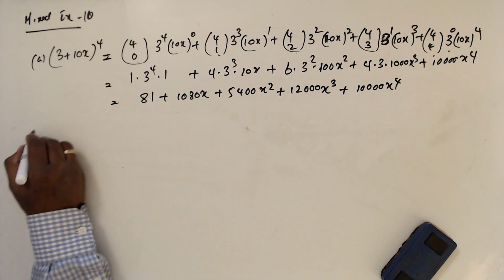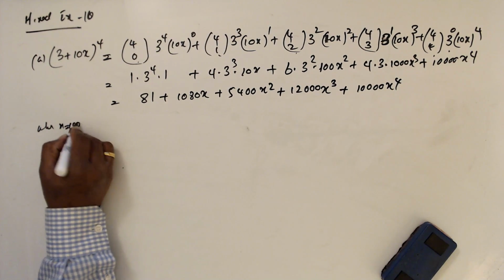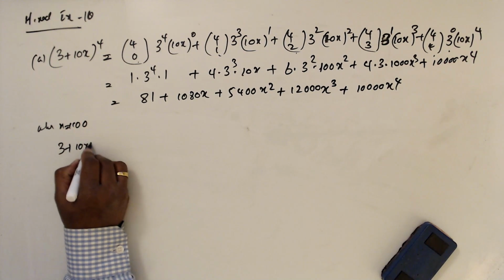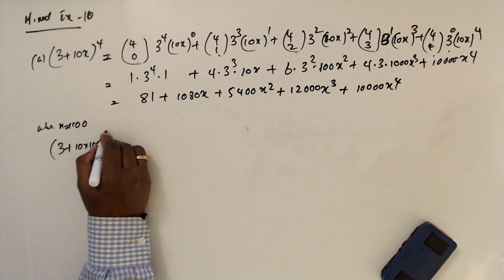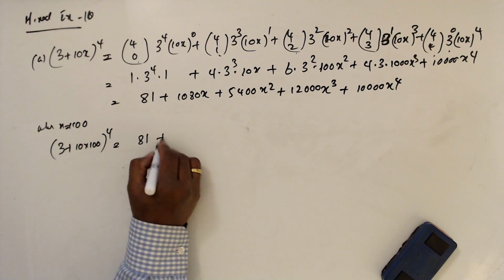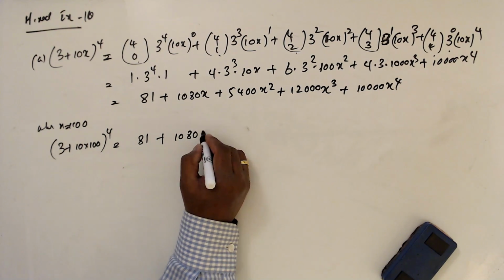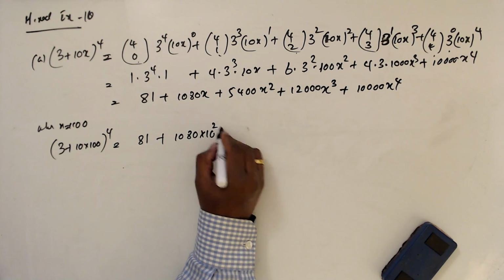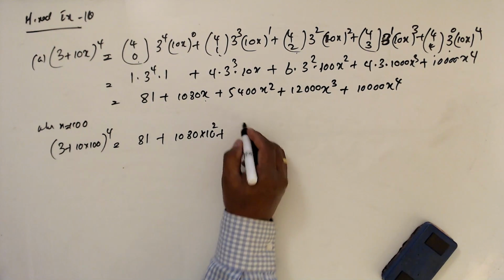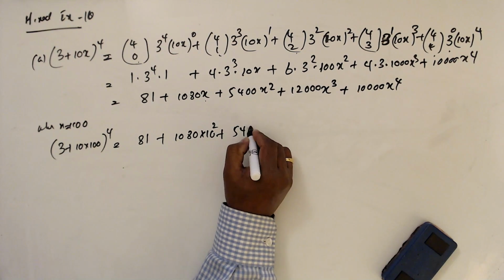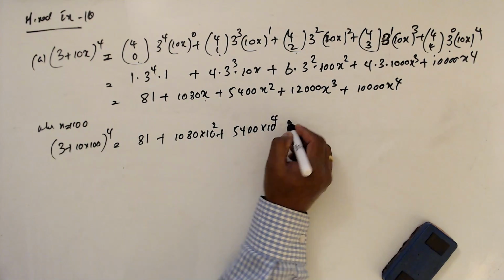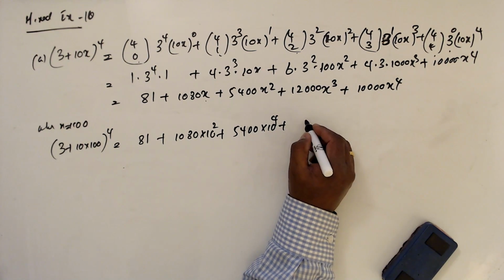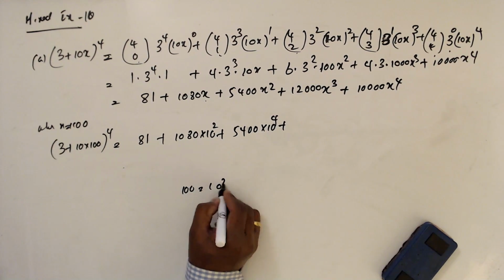So we have to substitute x equal 100 into this equation. When x equal 100, 3 plus 10 times 100 to the power 4 equals 81 plus 1080 times 100, and 100 means 10 squared. 5400 times 10 to the power 4, and 100 means 10 squared.